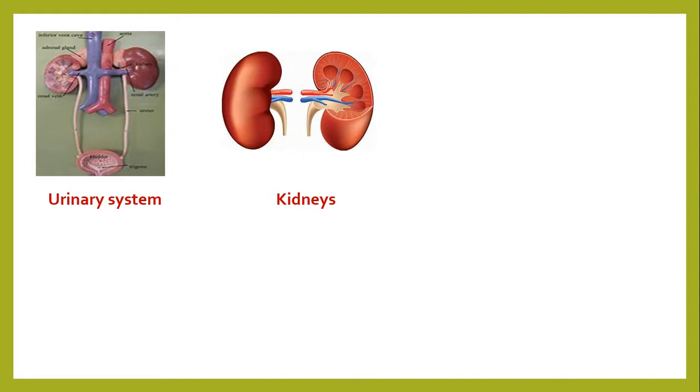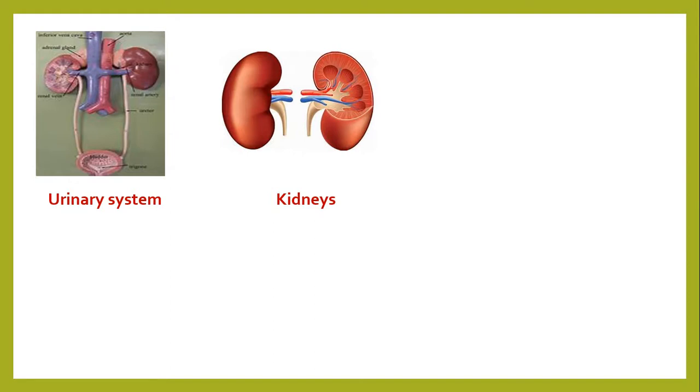So it's called the urinary system. But our lesson is on the excretory organ, the main excretory organ of the urinary system, and that's the kidneys. So you can see the kidneys on the right.